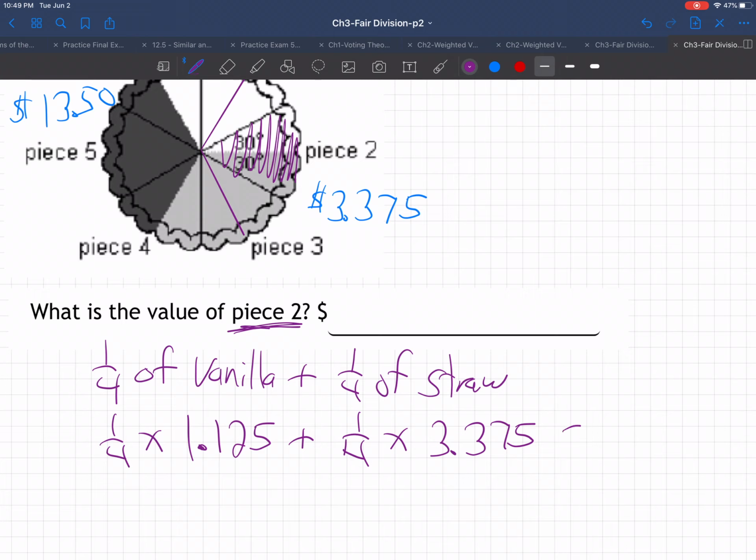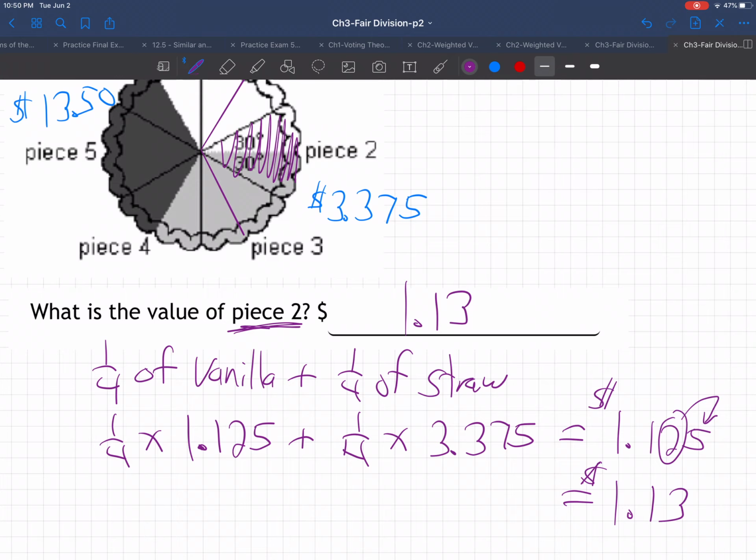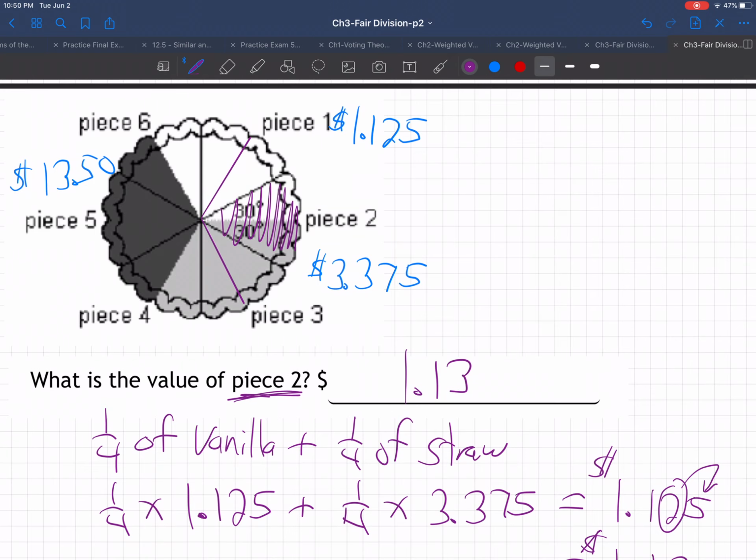I'm getting a total answer of 1.125. And so we have to round to the nearest cent. Look 1 to the right, that's a 5, so $1.13. So piece 2 would be worth $1.13 to Wendy. Let's go on to piece 3.